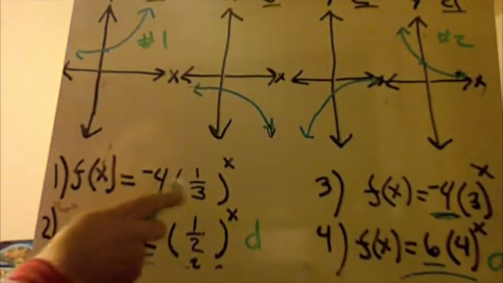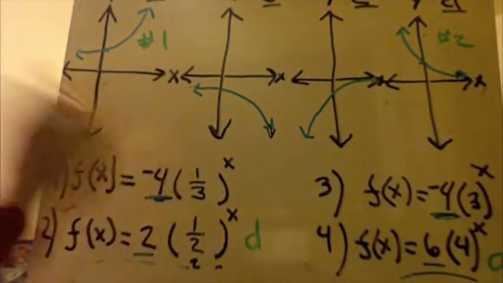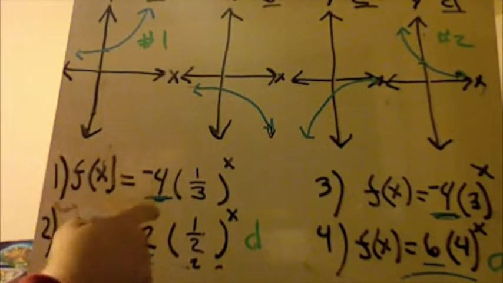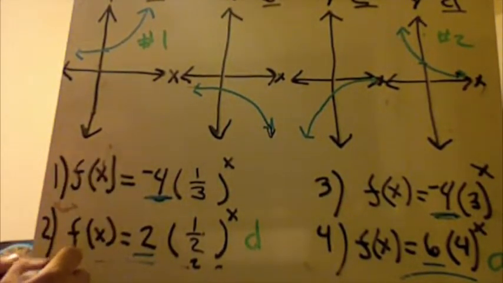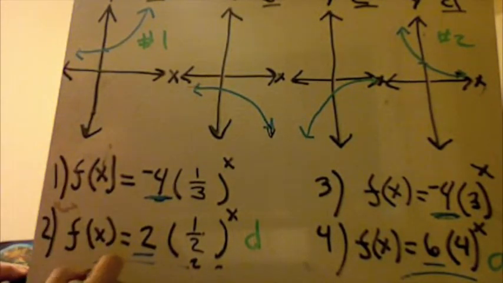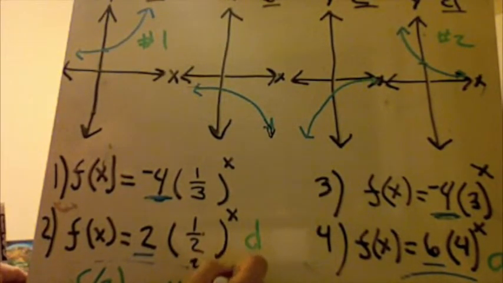Alright, let's look at this one here. Let's again just try values and see what happens. Let's go f of 2 is equal to negative 4 times 1 over 3 to the 2.